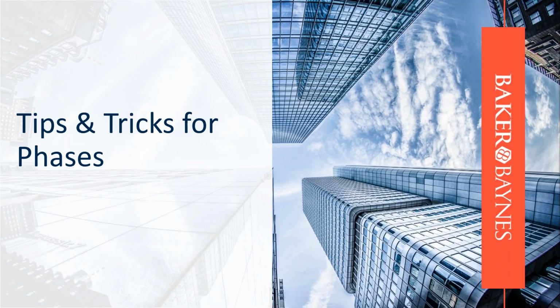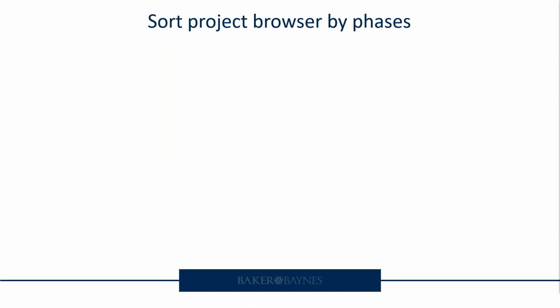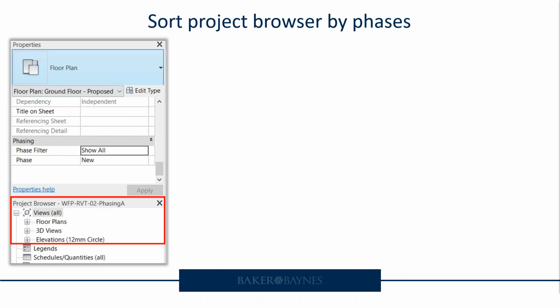Then just some tips and tricks for working with phases, or some things to take note of. One, a nice functionality when you are working with renovation projects is that you can sort your views in your project browser according to phases. So if you want to do this, you will simply right click on views.